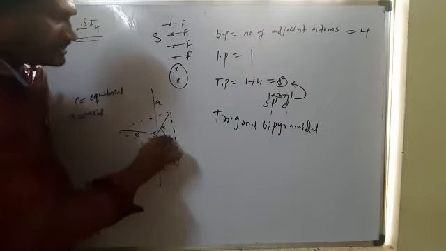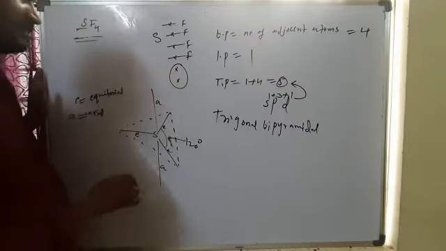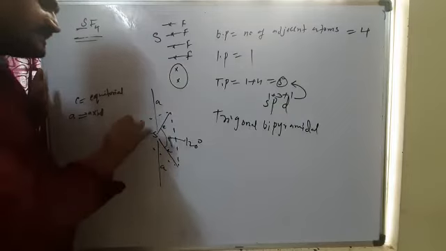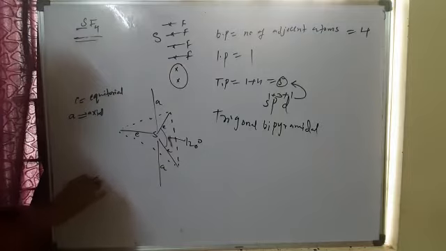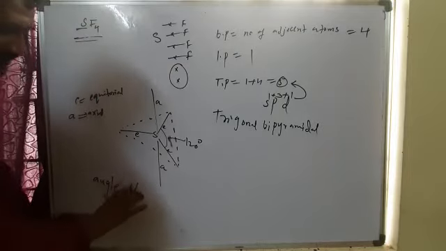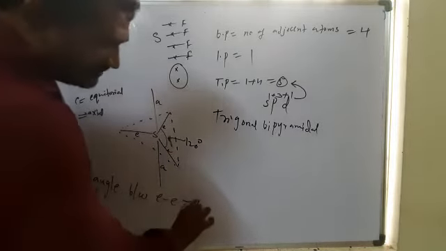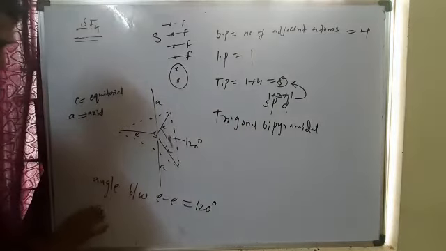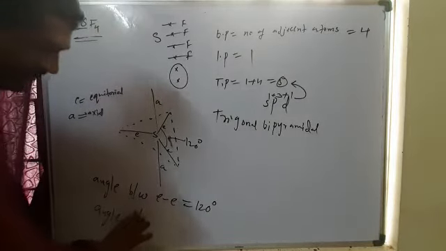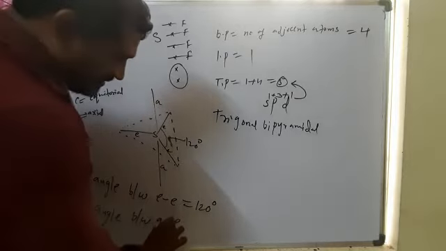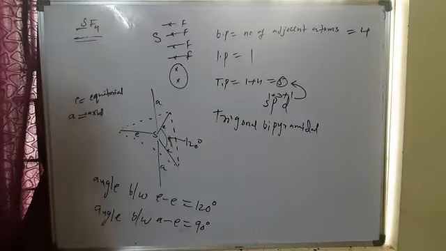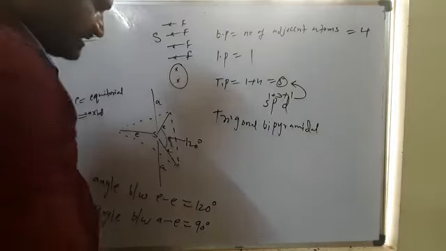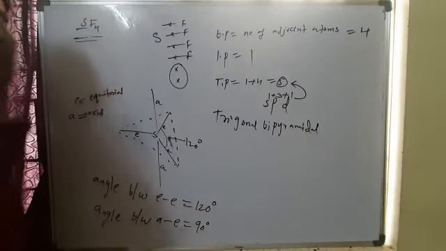The angle between equatorial and equatorial is 120 degrees, the angle between axial and equatorial is 90 degrees, and axial to axial is 180 degrees.